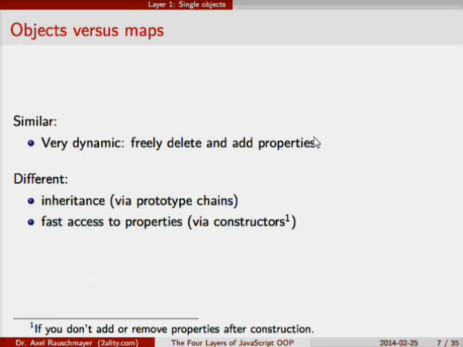On the other hand, they are more than maps because you have inheritance, and you get quick access to properties if you use constructors and adhere to certain rules, such as not adding or removing properties after you've constructed an object.